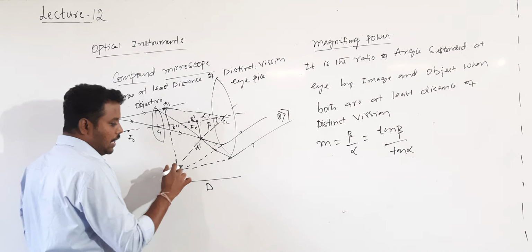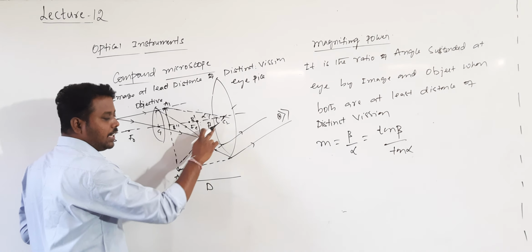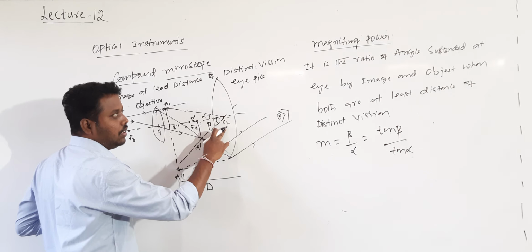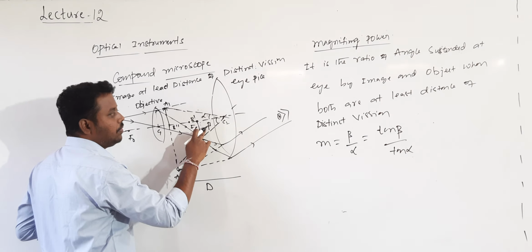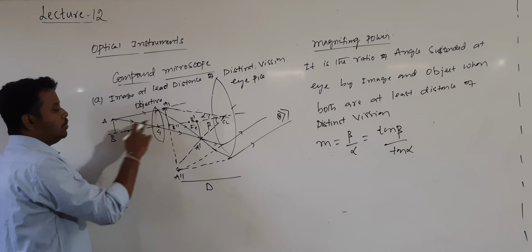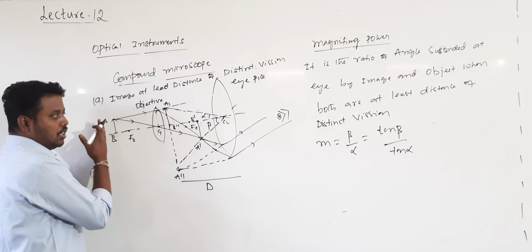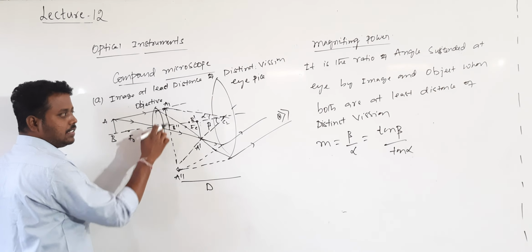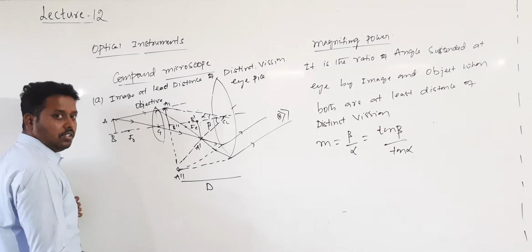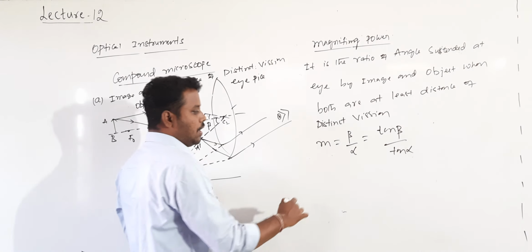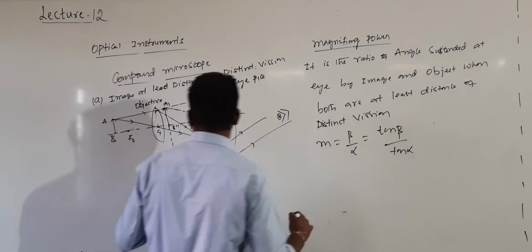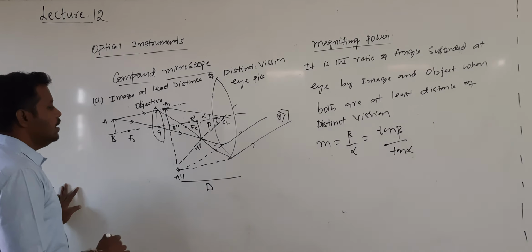Beta is the angle subtended by the image at the eyepiece. For the angle subtended by the object, the object is not at the least distance, so you should shift the object to the least distance. That angle value will be alpha. From the diagram, which triangle can I consider?